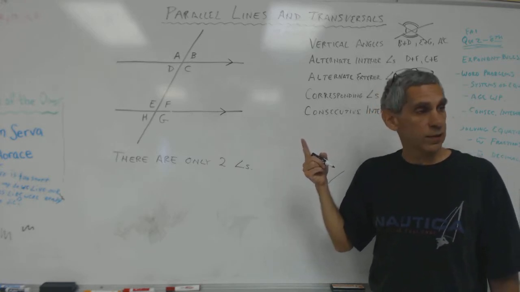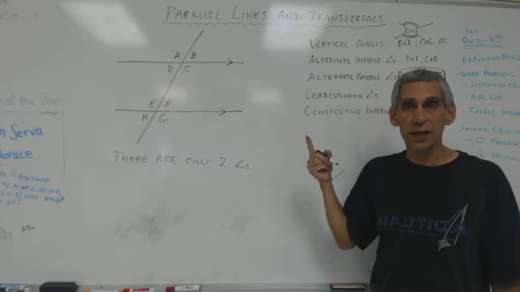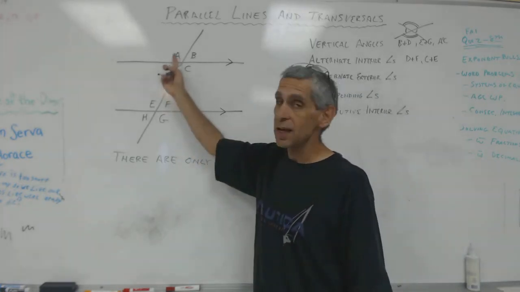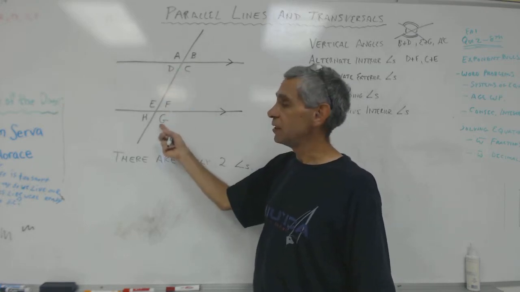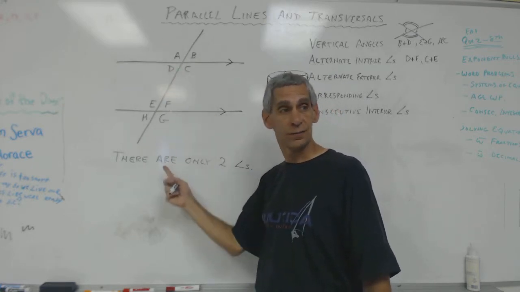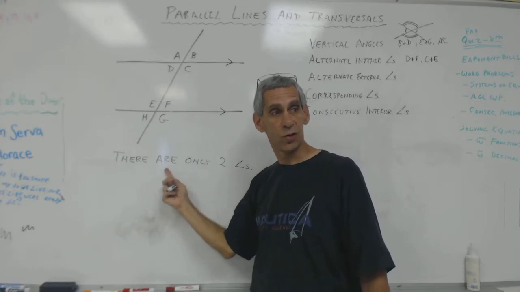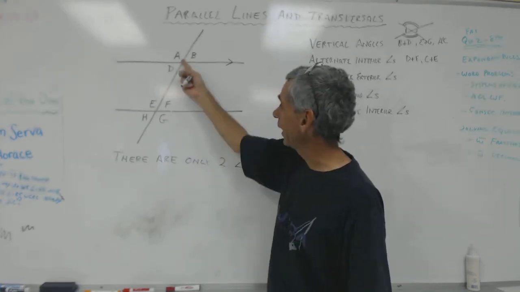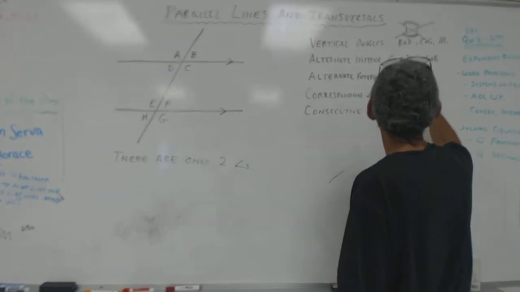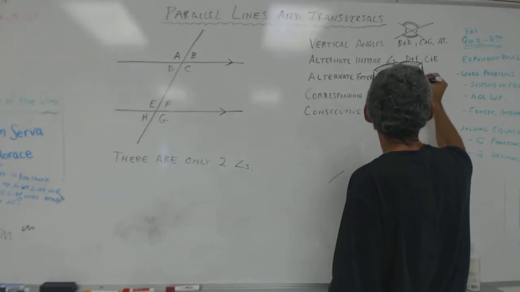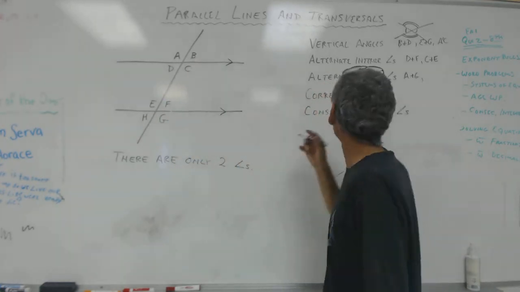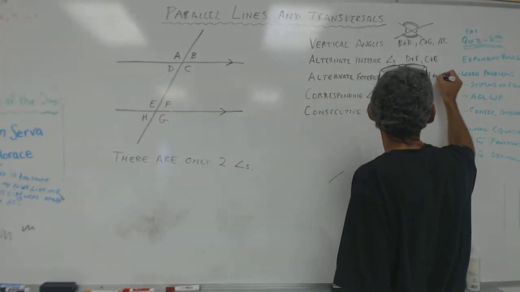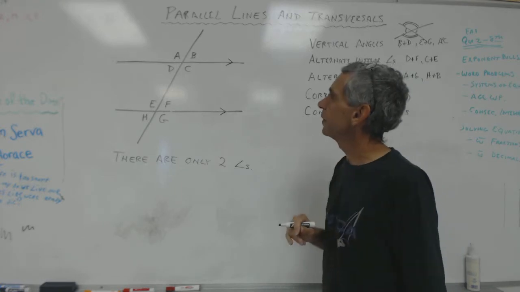So A is on the left side, exterior, up here. G is on the right side, exterior, down below. So A and G would be alternate exterior. Give me another one. H and B. H and B, correct. Okay, I think that's it.